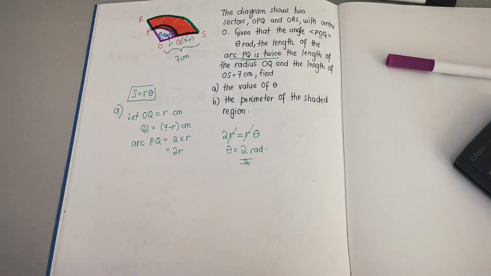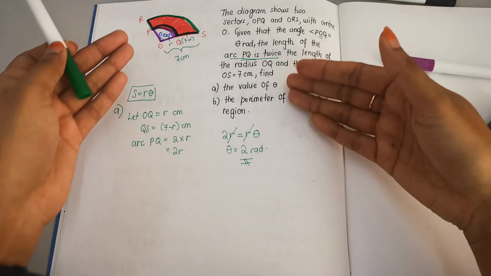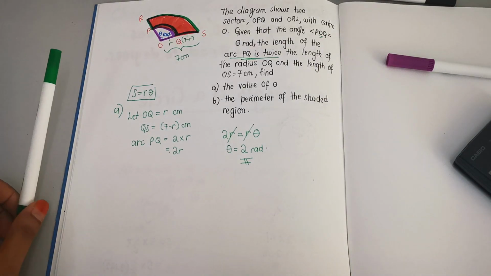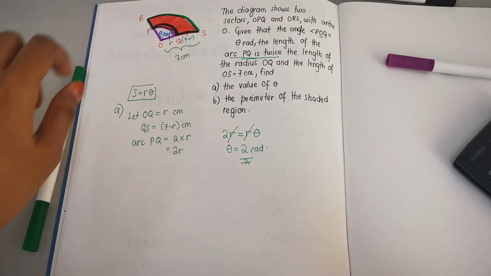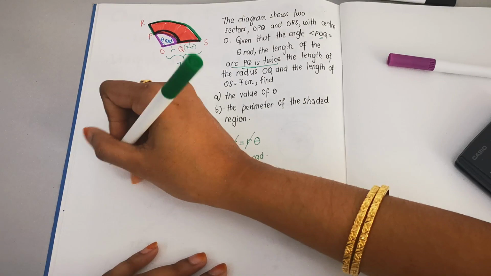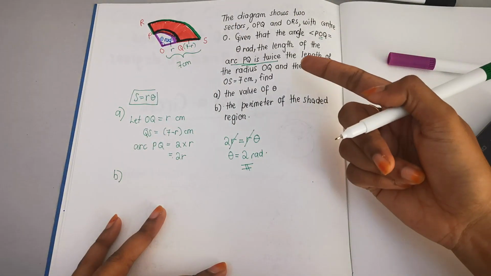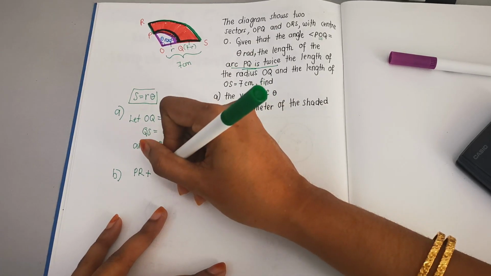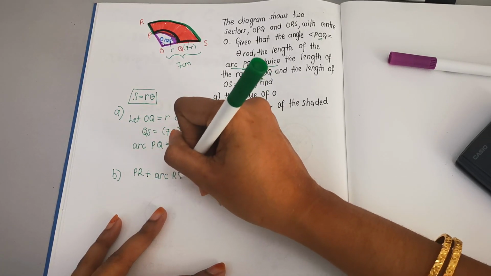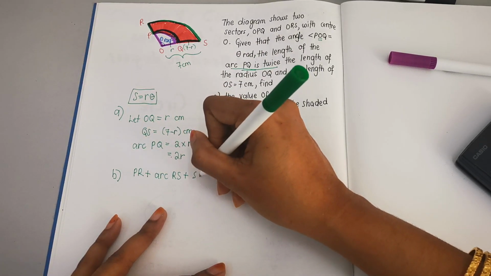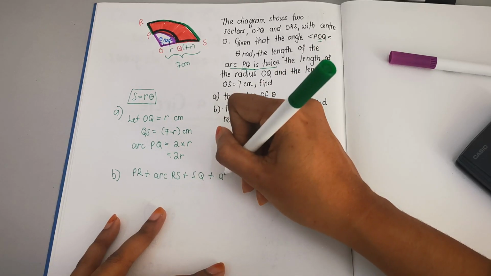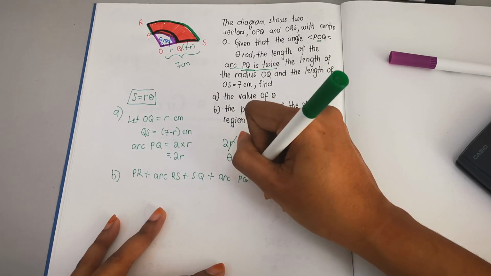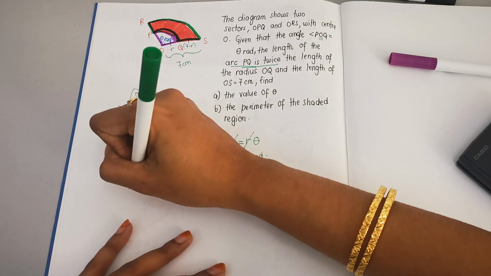Usually the perimeter that we learn, if it's within, you don't have to find, but here we will find everything. So the perimeter here is going to be PR plus arc of RS plus SQ plus arc of PQ. We need to add all of this.